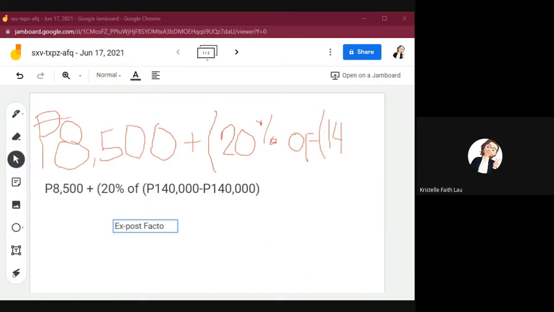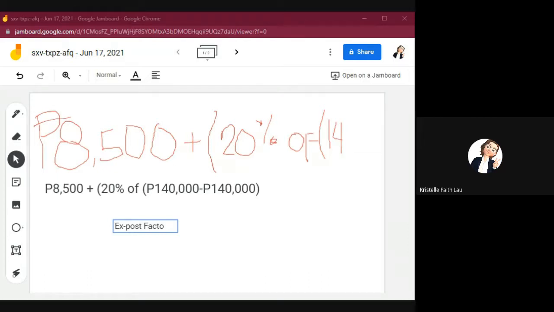Okay. So actually katong kay Justin, katong mga major nga classification of taxes as to purpose, actually same lang na sila, same lang ang answer ni Justin ug ni Vanessa. So elaborate ko lang ang classification of taxes as to purpose.